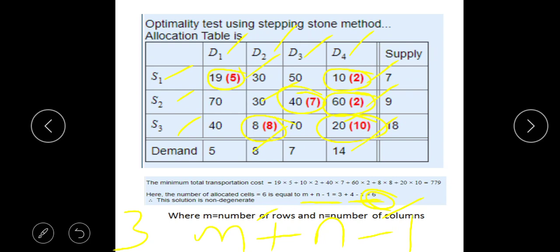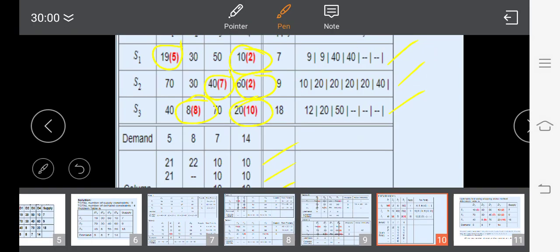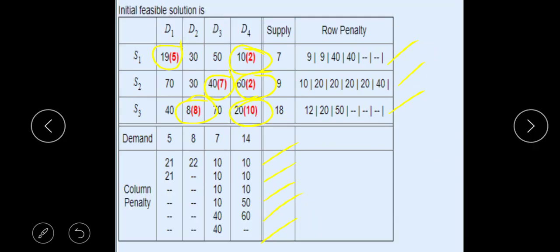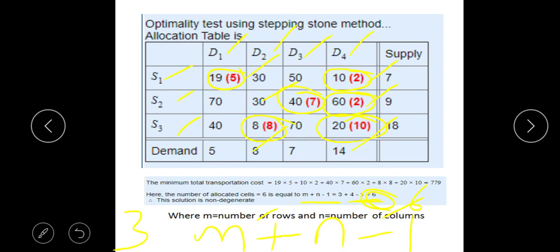So the number of cells allocated is 6, and m plus n minus 1 is also 6. So when these both values are equal, that problem is called a non-degenerate problem. That means we can obtain an optimal solution from that problem.